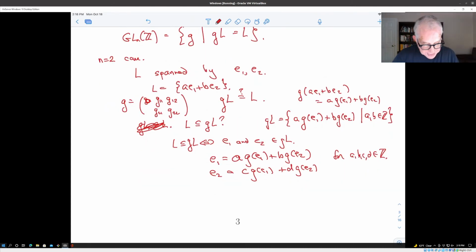And now, if that's true, under what conditions is GL contained in L? Well, that would mean that we have to be able to write G of E1 and G of E2 in terms of E1 and E2.